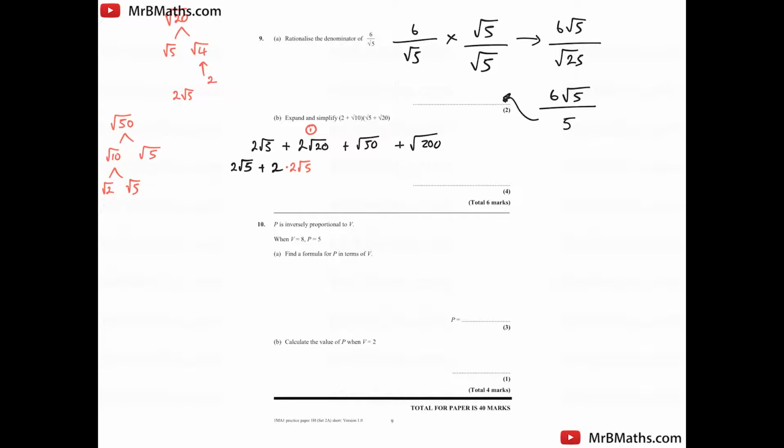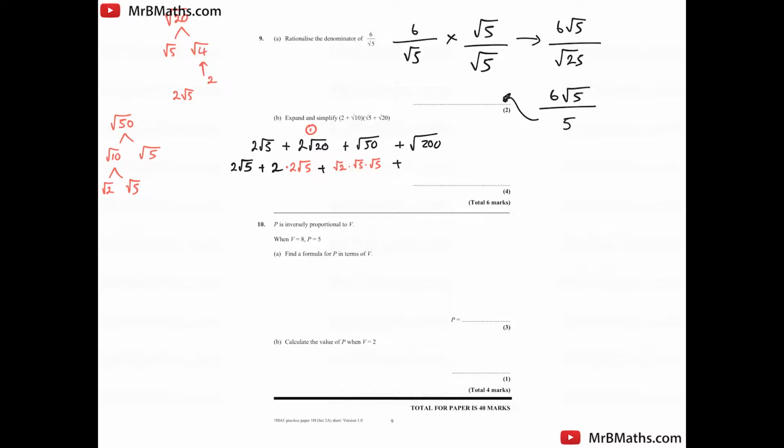Okay, so I can't simplify that down any further, so I end up with plus root 2 times root 5 times root 5, plus square root of 200.